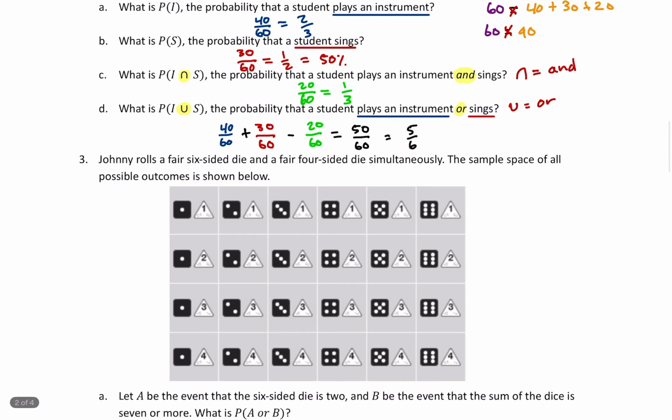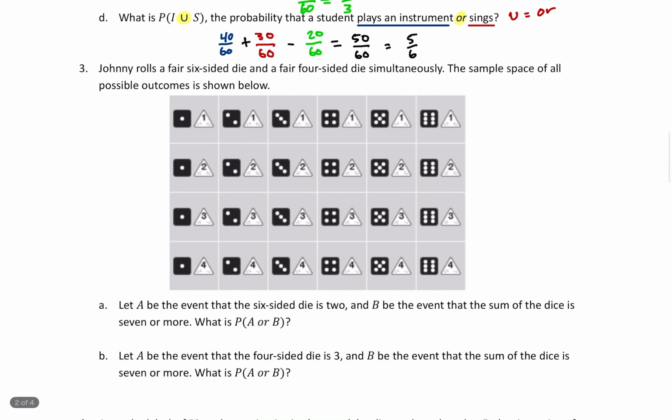Okay, looking at number 3. It says Johnny rolls a fair 6-sided die and a fair 4-sided die simultaneously. The sample space of all possible outcomes is shown below. The first thing I want to know is, what is my sample size?